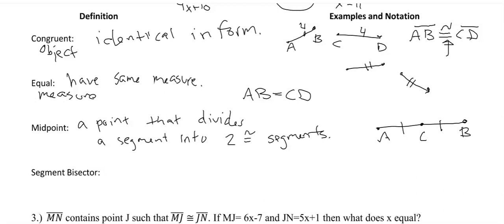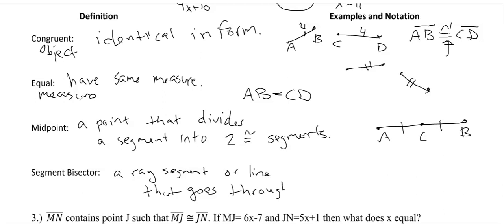Now, a segment bisector is a ray, segment, or line that goes through the midpoint. I'm going to say MP for midpoint. So let's say you had this line segment right here and you wanted to show something that was a bisector.